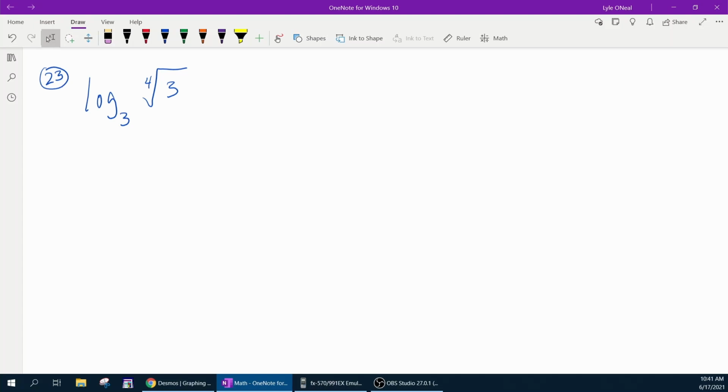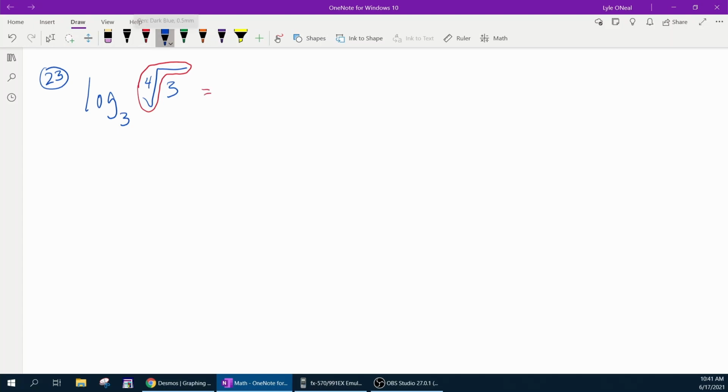Notice we have a radical expression, and we're trying to simplify this logarithm manually. So this is where you're going to have to dig deep into your bag of math tricks and remember that a radical expression can be expressed as a rational exponent.